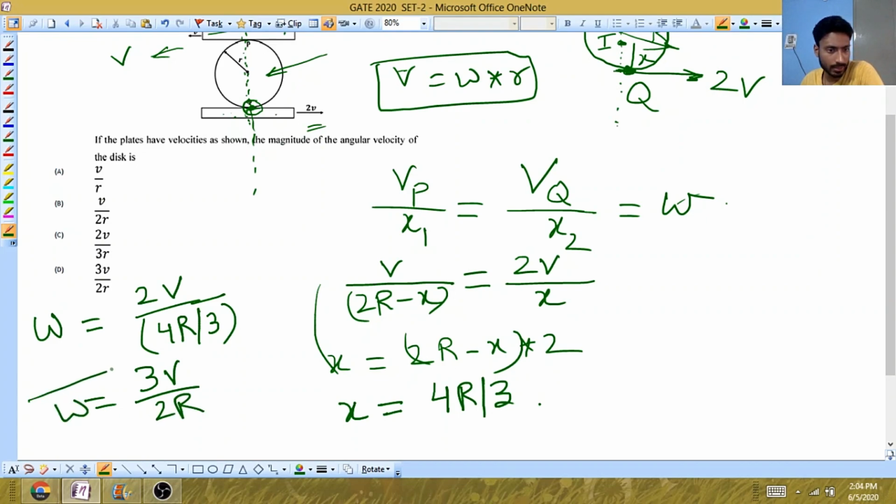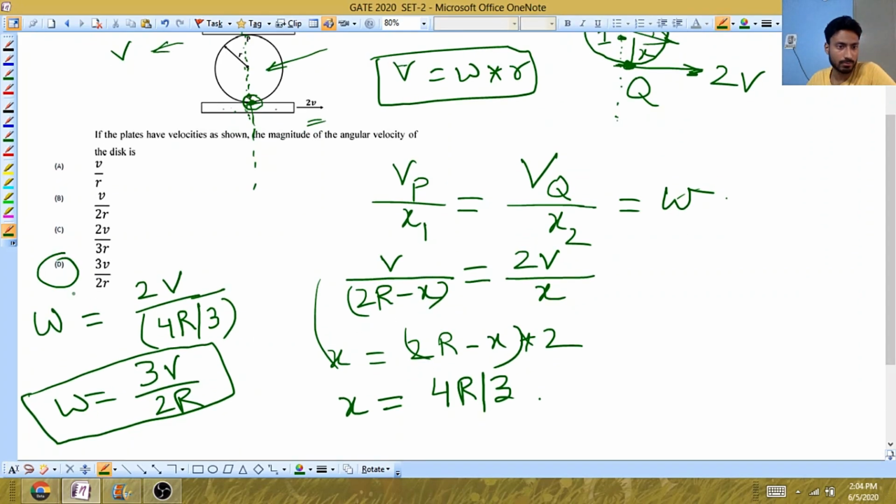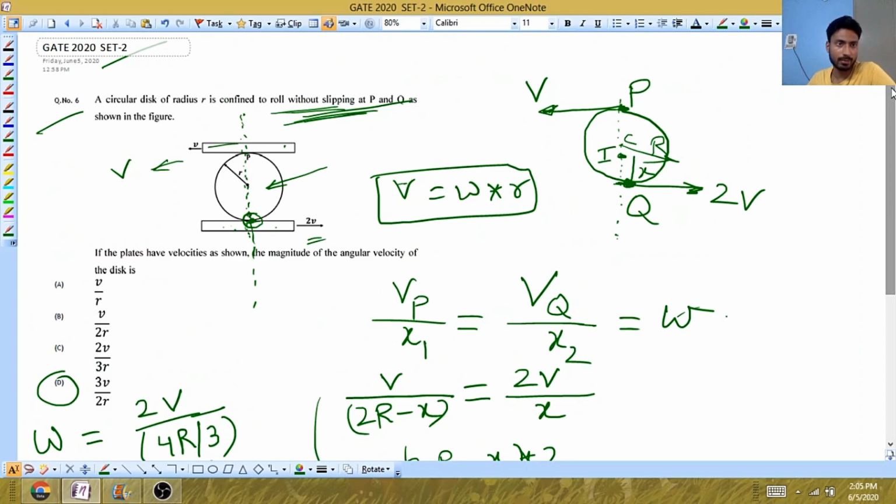So here we have determined the value of omega, and they wanted to know this value only. Option number D is correct. Here I have used capital R. This capital R is basically the radius only. Option D is correct. If you still have any doubt, please mention in the comment box.